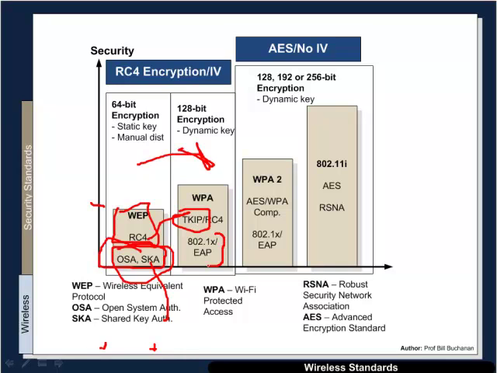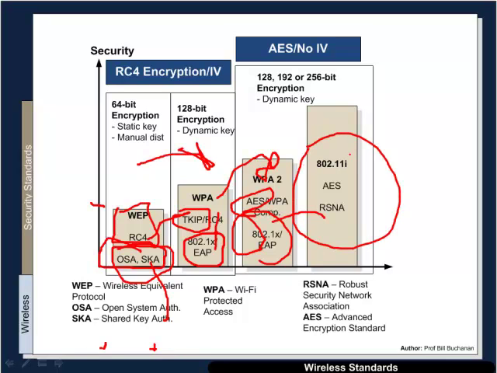We're now starting to see this EAP infrastructure for authentication. So encryption and authentication are built together. The next step is towards more robust encryption using AES and proper authentication, and then we move properly to what's called the 802.11i standard for a complete secure infrastructure.